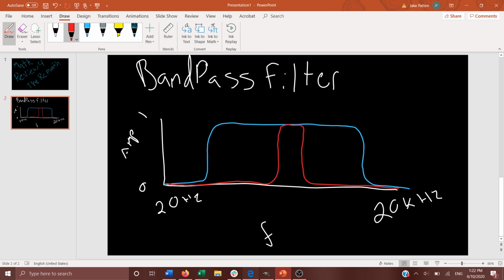This might be everything between like 10,000 and, I don't know, maybe 12,000 is what that looks like. So really we're only allowing 2,000 hertz to pass through that. And the other one we're allowing 10,000 hertz to pass through or more.